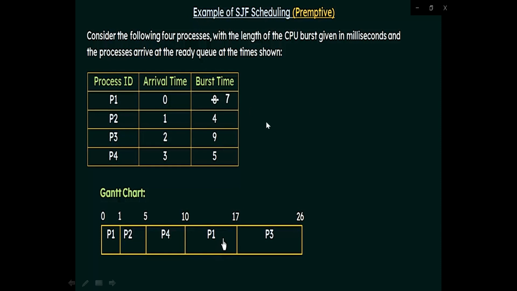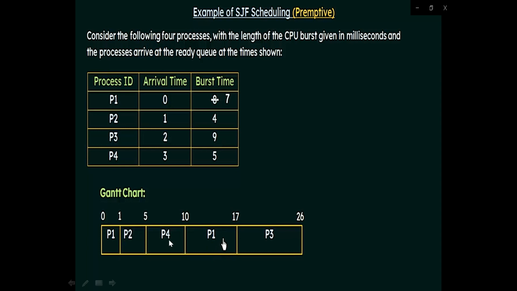So the remaining burst times are 7, 9 and 5. So finally the CPU is allotted to P4, right? And the burst time of P4 is 5 units of time.